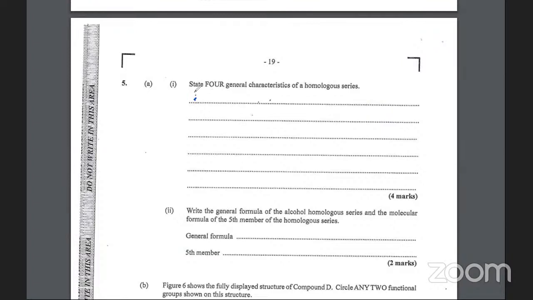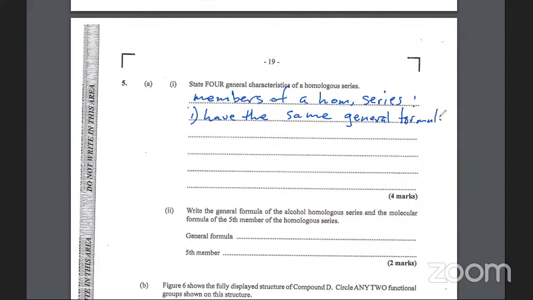So members of a homologous series have the same general formula, the same functional group, and similar chemical properties.